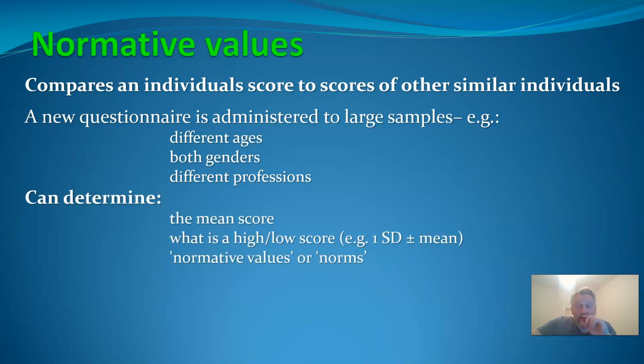Again, one of the benefits of doing it this way is you can see how their score might compare to the average of their group. Maybe you can determine, based on how everyone scores, what high or low scores might be. Maybe we have cut-offs that might signify a clinical status, such as depression.